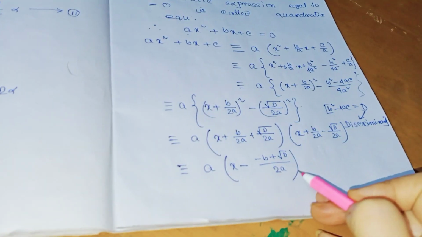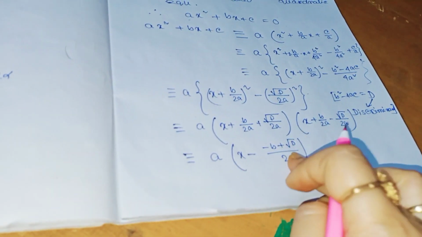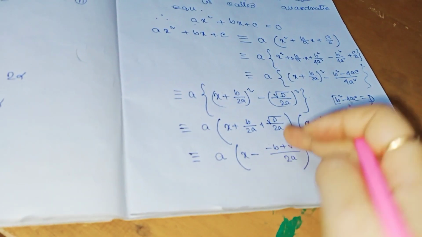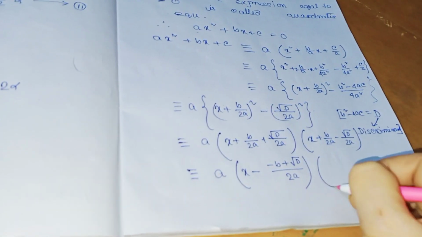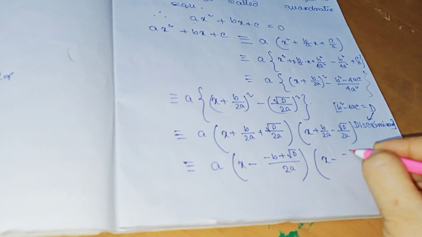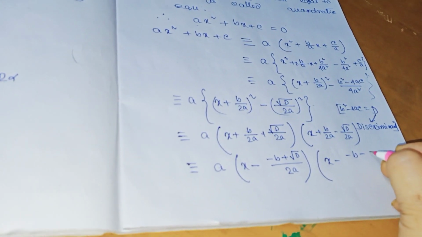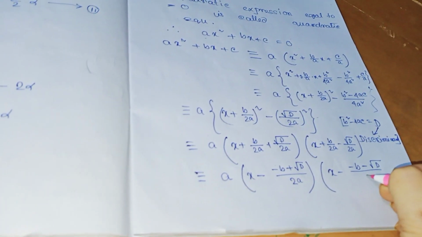We may write it just this way, as if taking the HCF, the forms are unchanged. So x minus of minus b minus root of D divided by 2a.